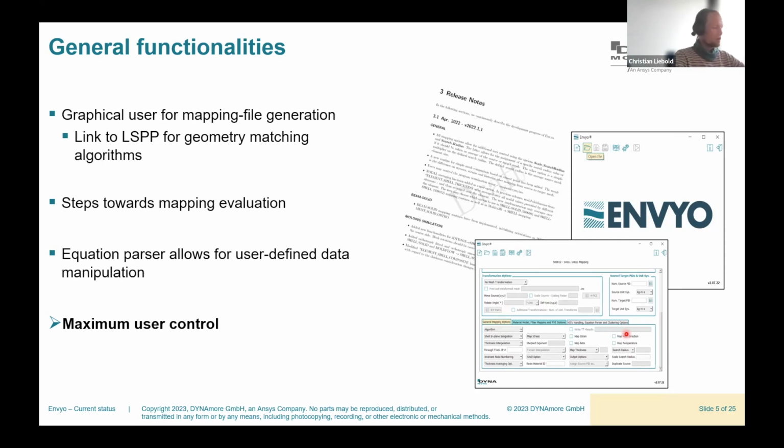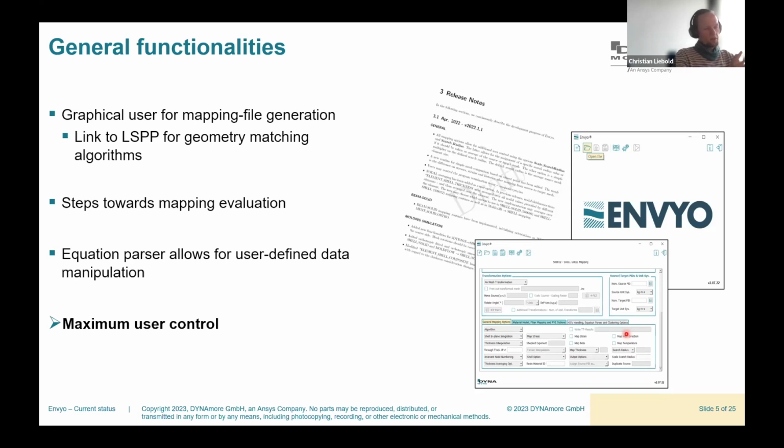So we currently have the mapping clustered based on discretization. If you have a shell source and you want to go to a target shell, then basically the main mapping command is shell to shell mapping. If you go from solid to shell, it's solid to shell. If it's beam to solid, for example, you can say beam to solid is the mapping algorithm I want to use.